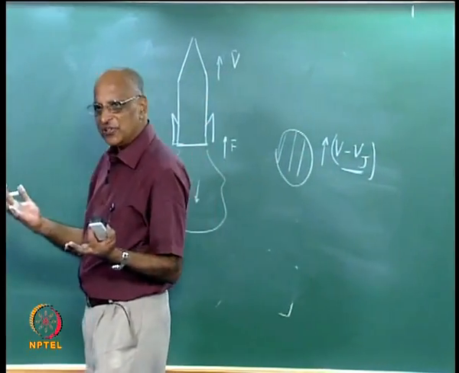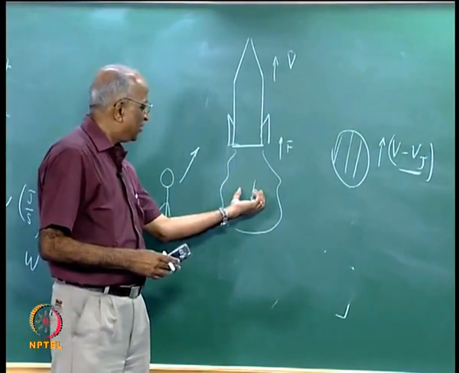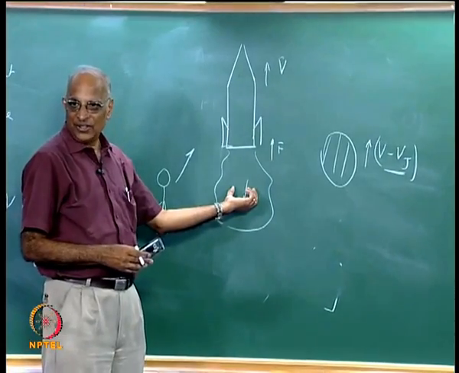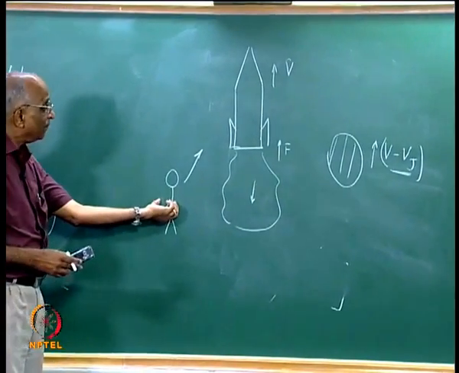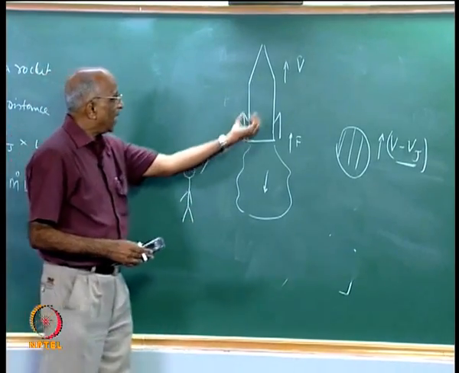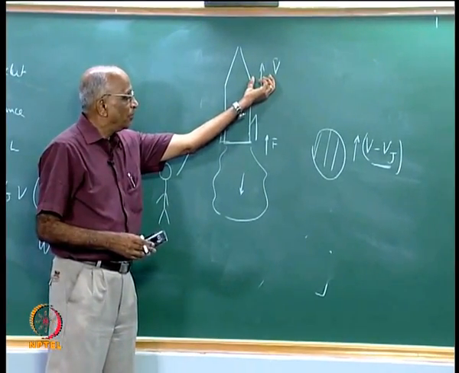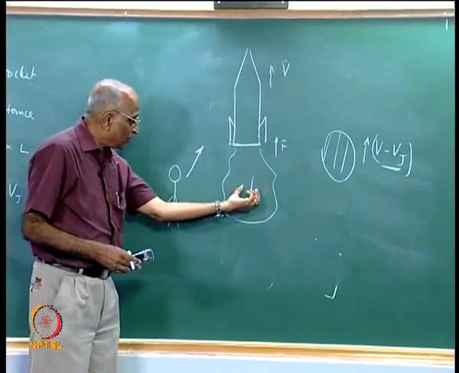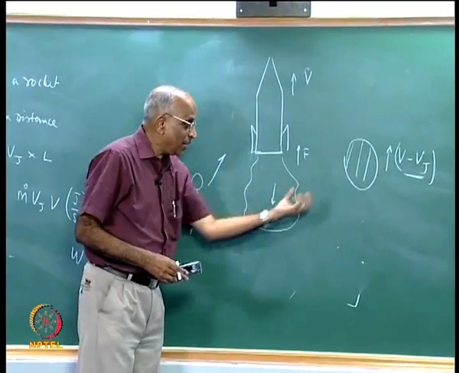Therefore, what is being wasted? The energy content of this is getting wasted because it is getting lost. And what do I see? I, in the inertial frame of reference, look at the work done by the rocket per unit time, but I also see that this is getting wasted, and what is my waste?